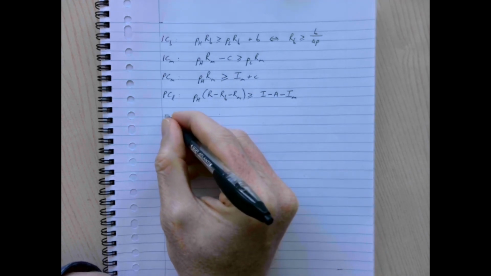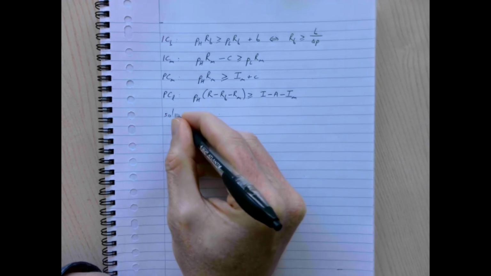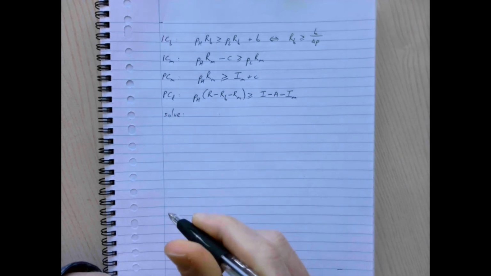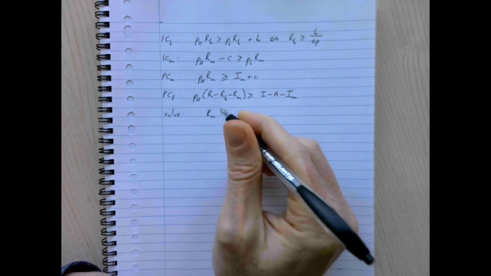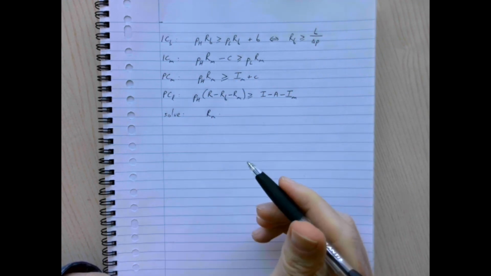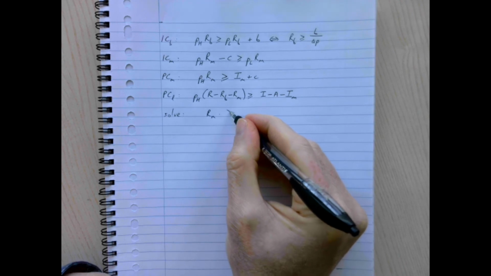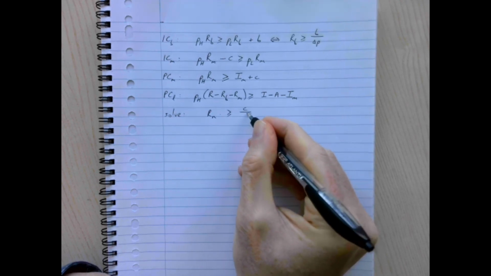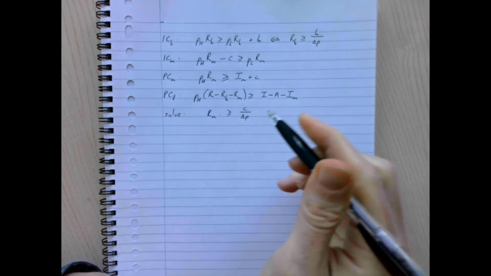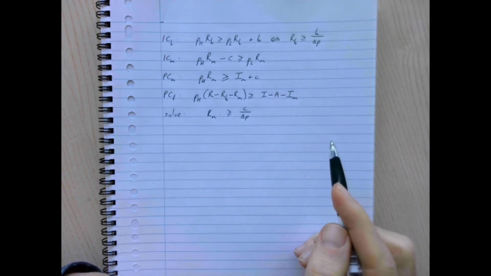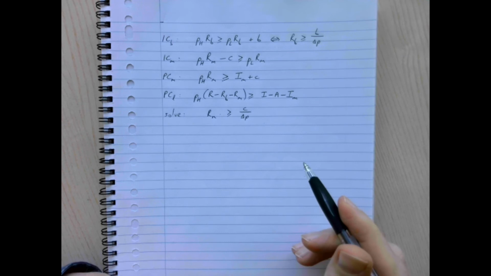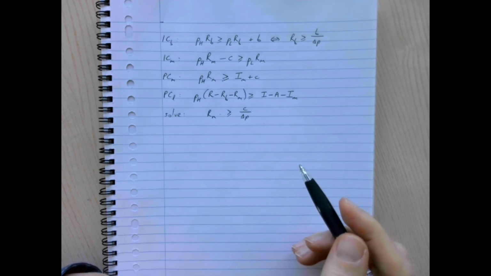So the monitor, we solve this. The monitor needs to get an RM from the incentive compatibility constraint, which is going to be at least as high as C over delta P, by similar computations as we did for the entrepreneur. What IM can we ask these people to contribute?